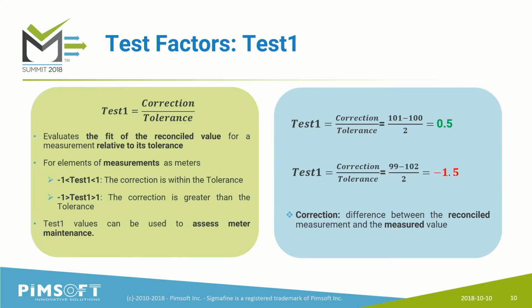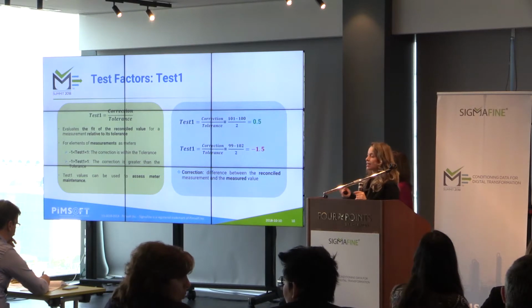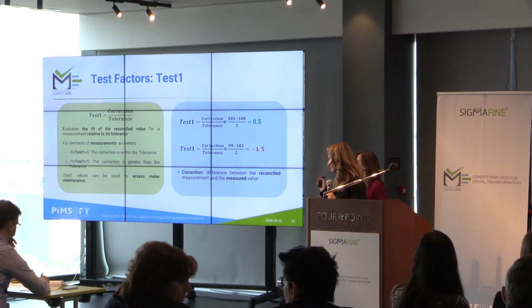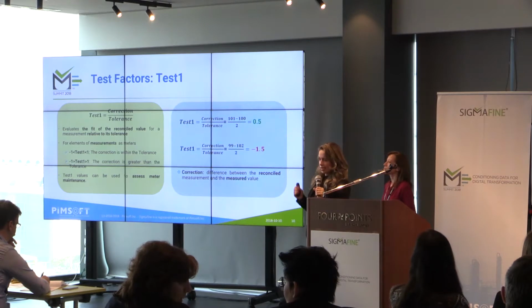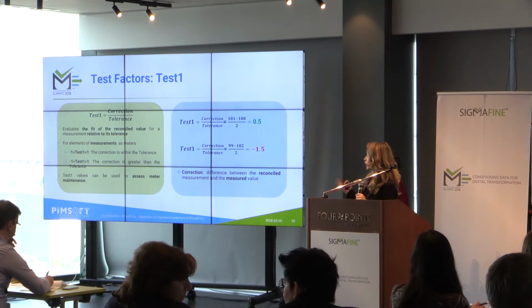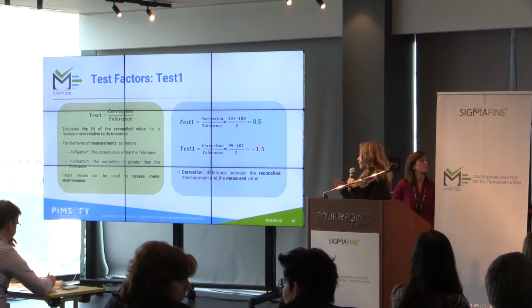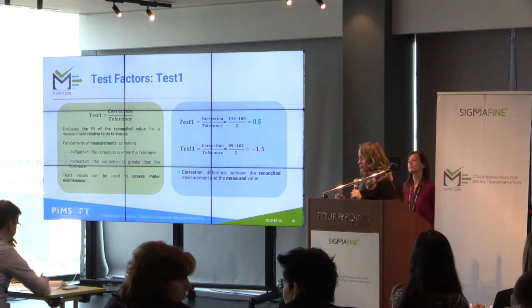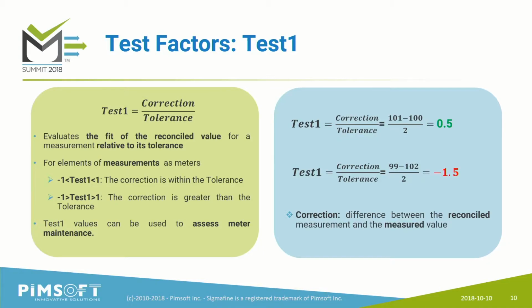So if the result of test 1 is within the range of -1 and +1, it means that the correction is within the tolerance, so the reconciled results are good values. But if the result of test 1 is outside this range, it means that the correction is greater than the tolerance. So in this case, these values are abnormal and need to be checked.